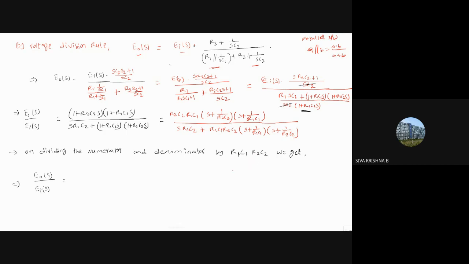So what will happen? We'll see. E naught of S by EA of S. Shall I directly apply, or do you need any explanation for this? Directly I will say, the number of steps would make it very lengthy.